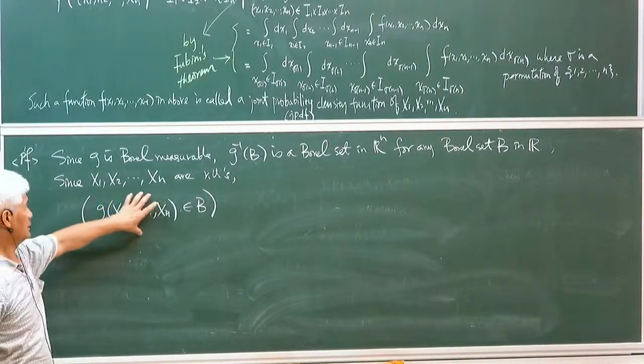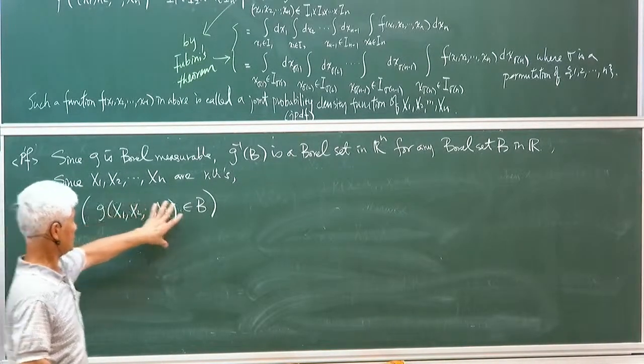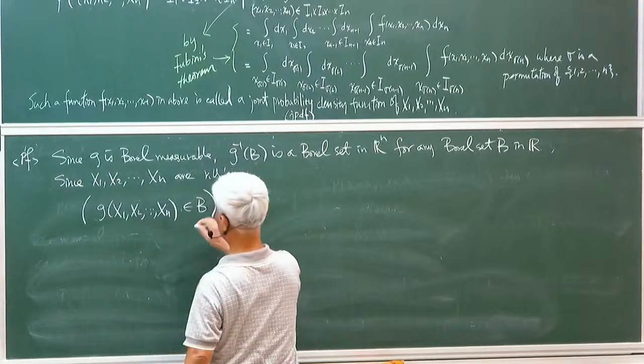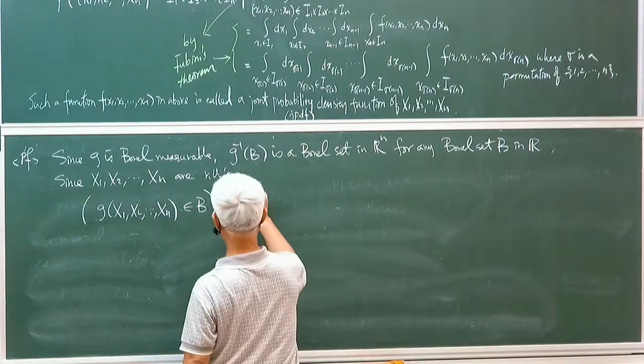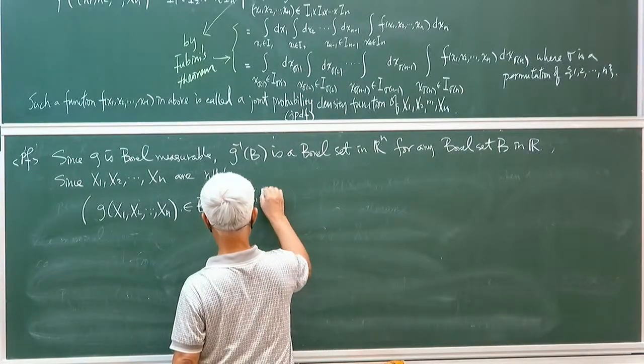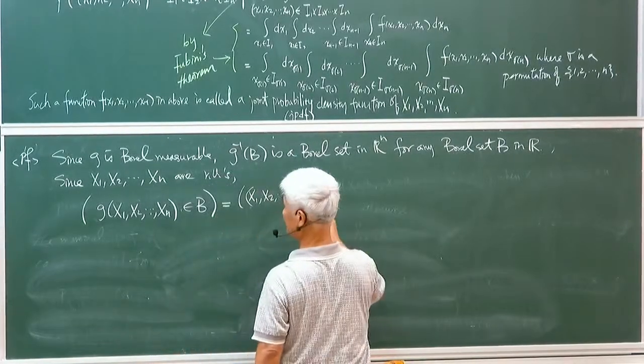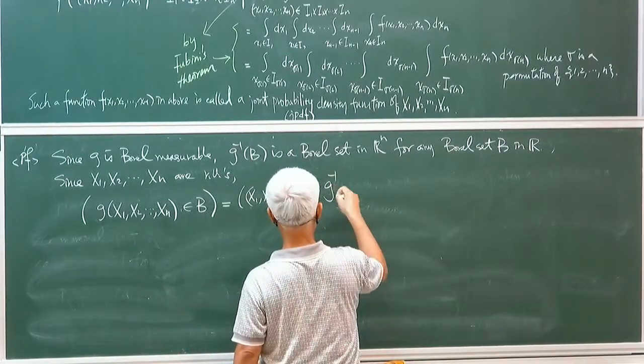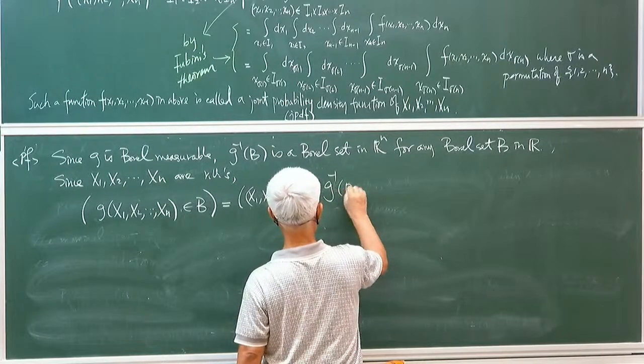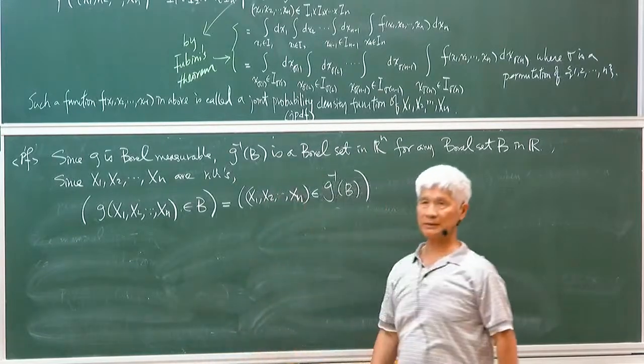This event is the same as the random vector having value in the inverse image of B.